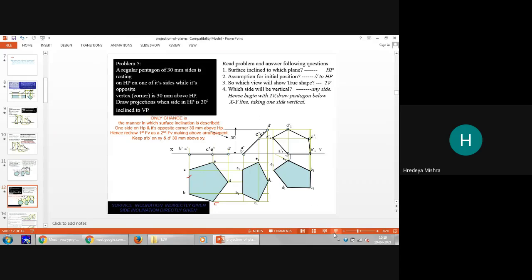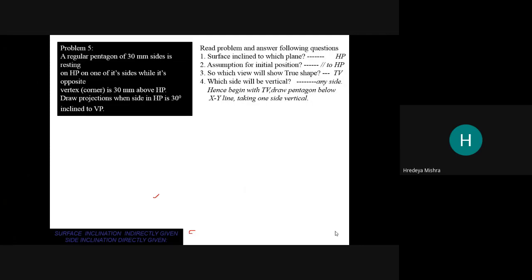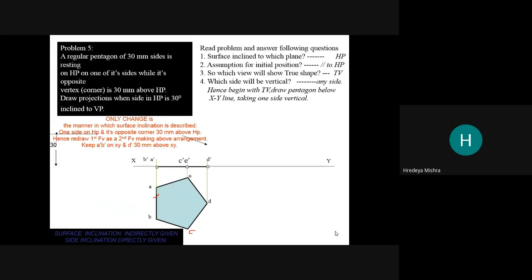Now this is the problem: 30 degree angle is given. So we are just here. All the things were explained before. The second front view and top view is made.